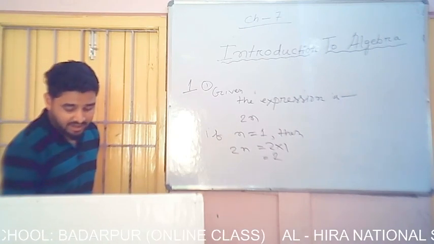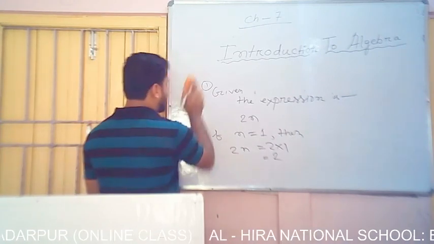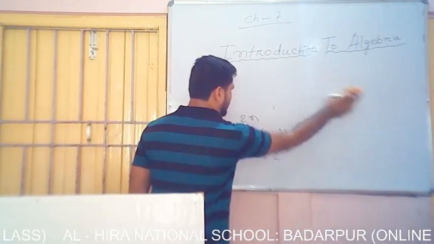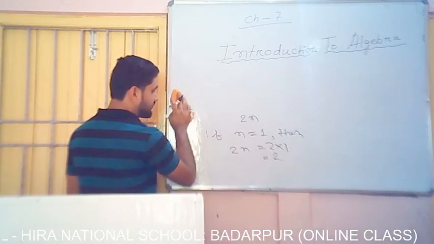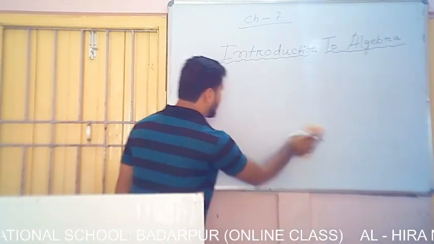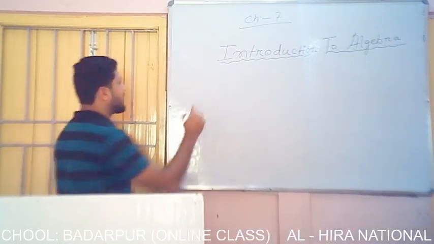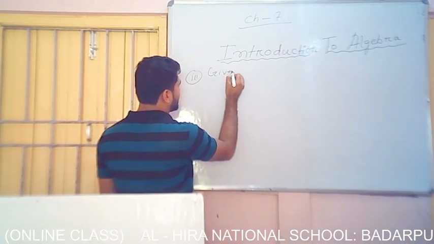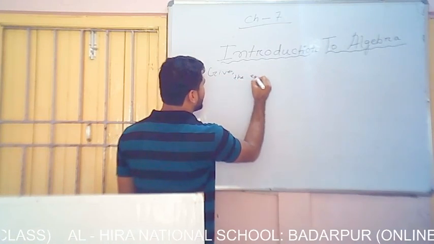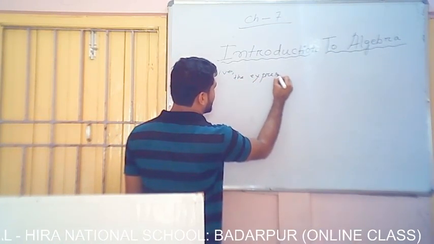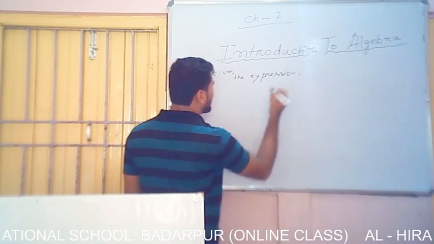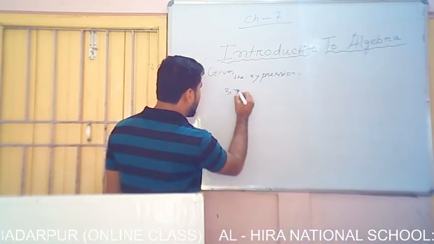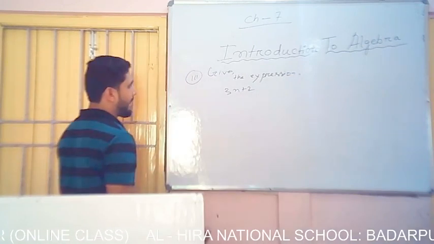Now come to question number 3. The expression given is 3n plus 2.